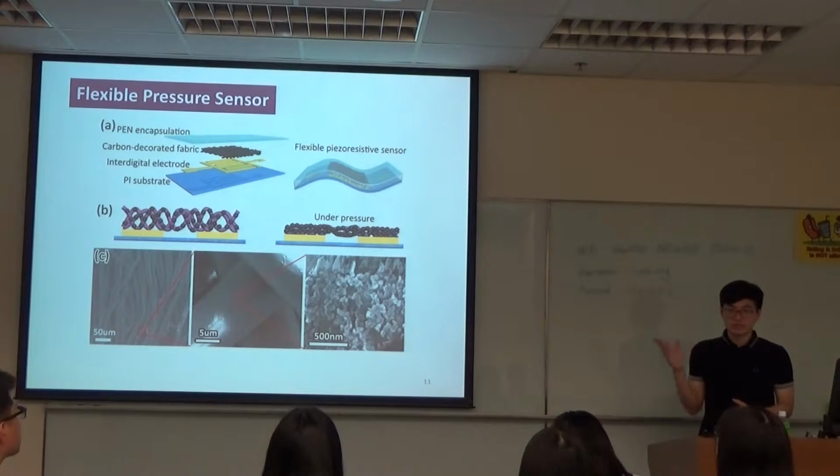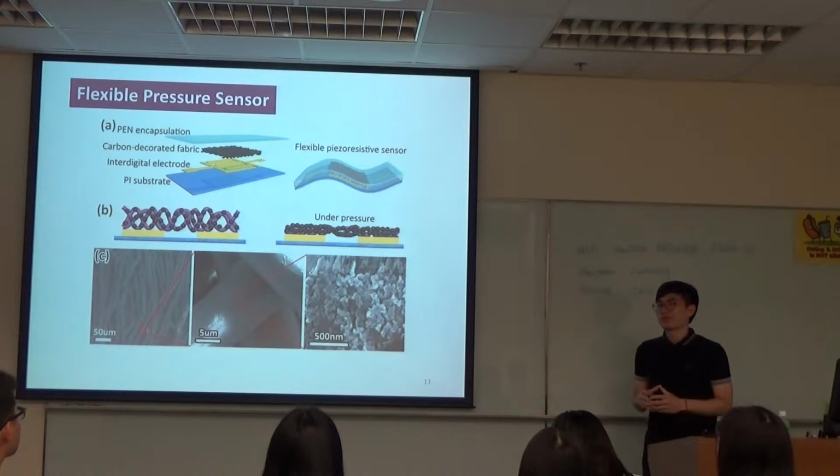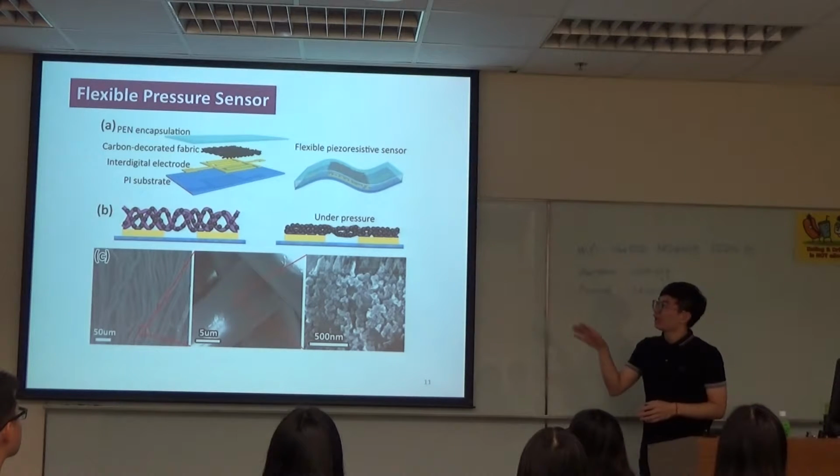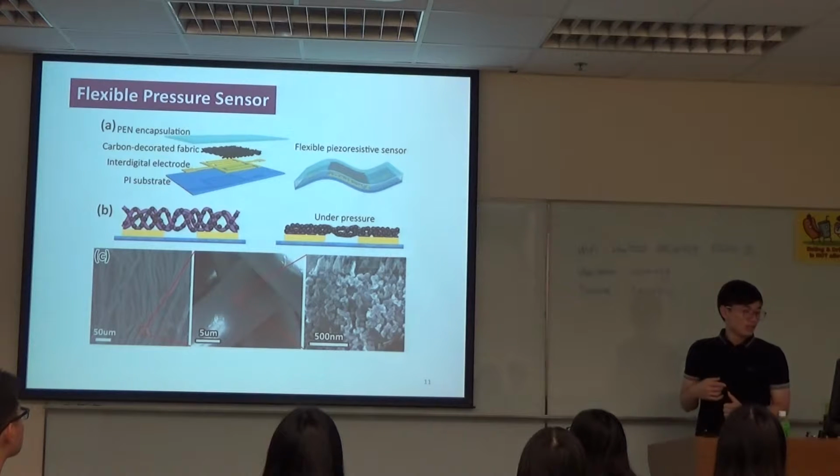So what is its working principle? Imagine there are little worms or little channels roughly put on this electrode, and initially without pressure, their contact is not that good, right? Not well with the electrode.